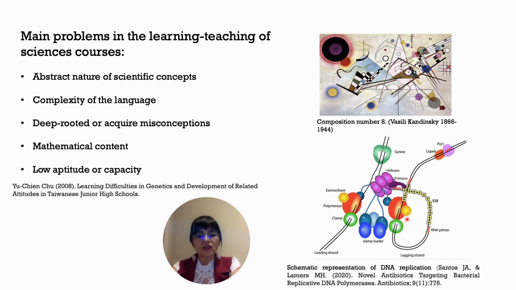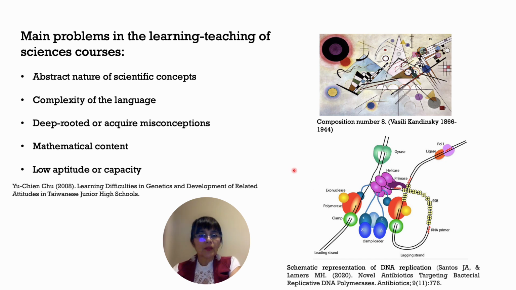Second, complexity of language. There are different and new terms and words that the students have to review, investigate, and discuss to understand genetic topics. Here we can see again specific words like polymerase, primase, helicase, RNA primer.